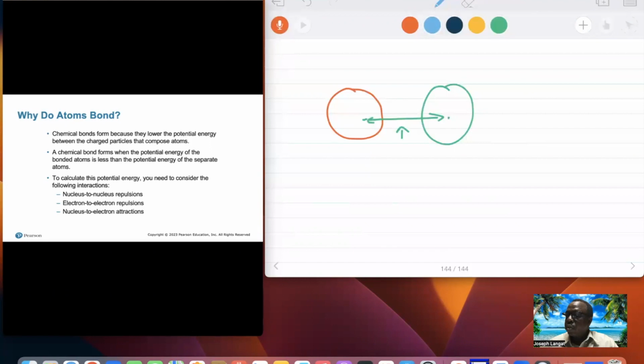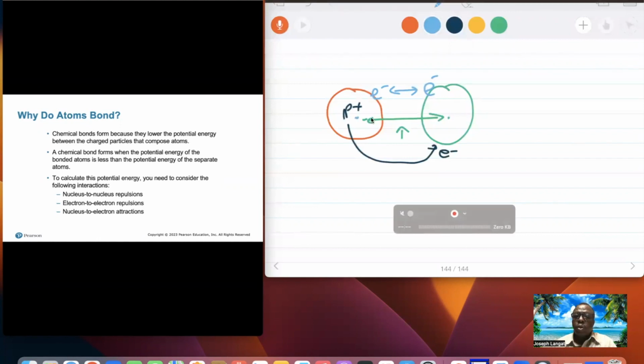So if we have an electron here, remember they are negatively charged, so electron to electron repulsion also affects the potential energy. And then the nucleus to electron. Remember, in the nucleus, we have the protons, and they will interact with electrons outside the nucleus in the neighboring atom.